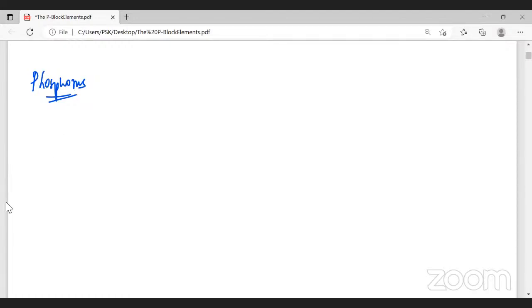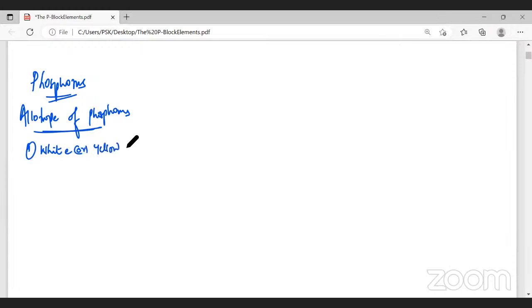Now, phosphorus exhibits three main allotropic forms. Allotropes of phosphorus. The first allotropic form is white, otherwise called yellow phosphorus.